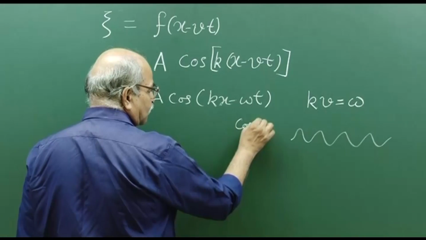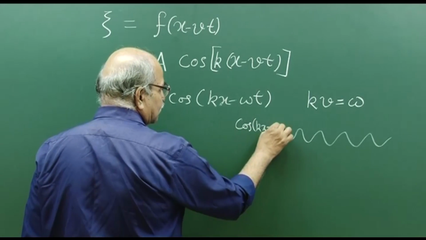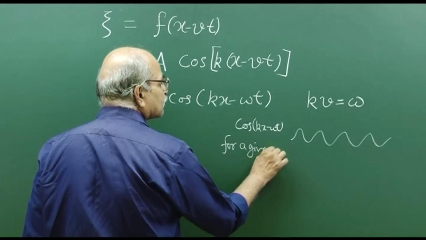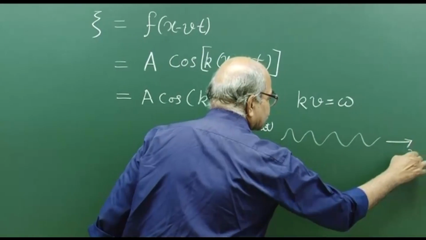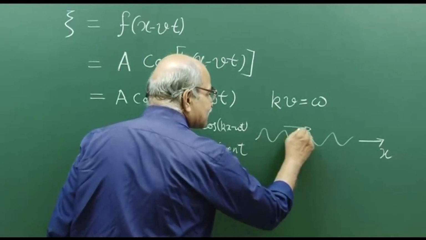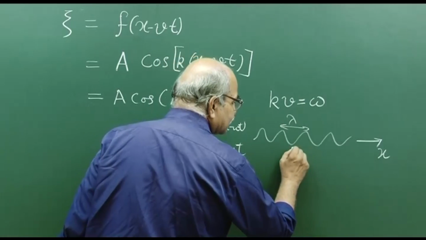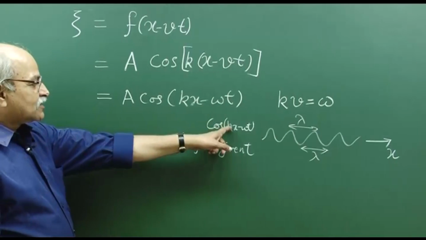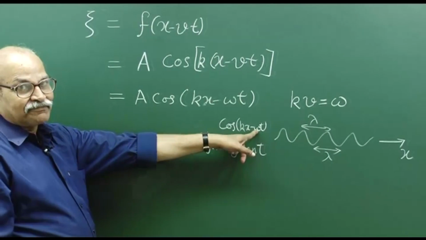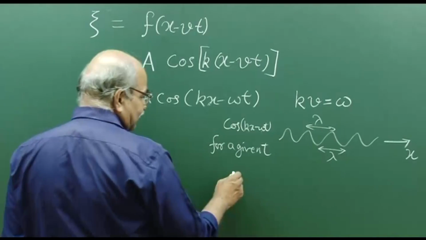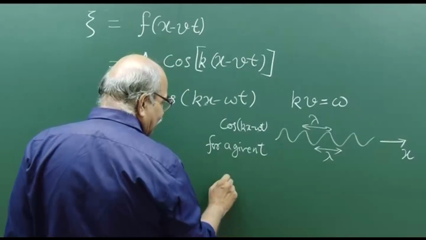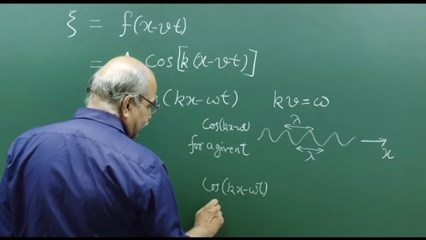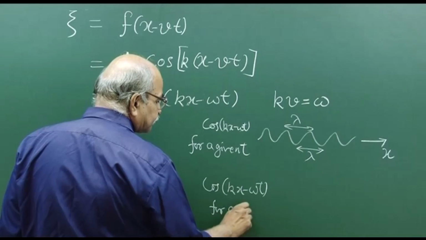If you plot cos(kx minus omega t) for a given t, and this side is now x, this is the wavelength. And if you fix x and see it as a function of time, then also it oscillates, and that will be a similar looking function cos(kx minus omega t), this time for a given x.